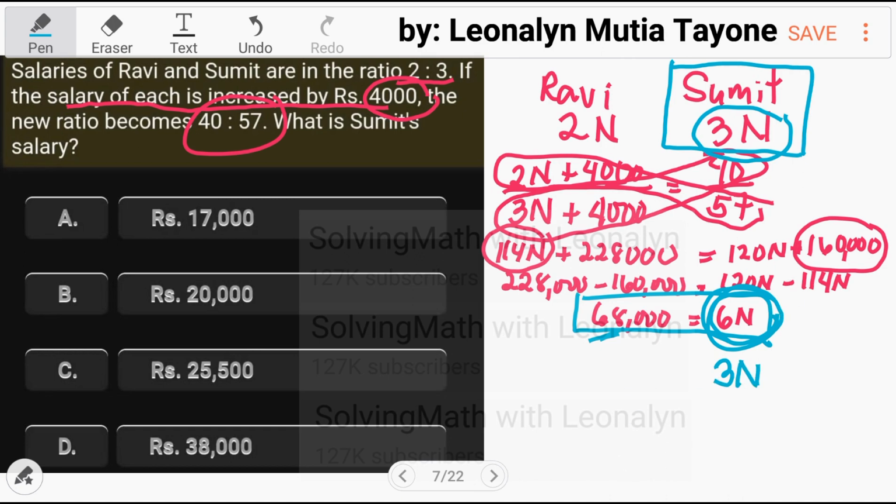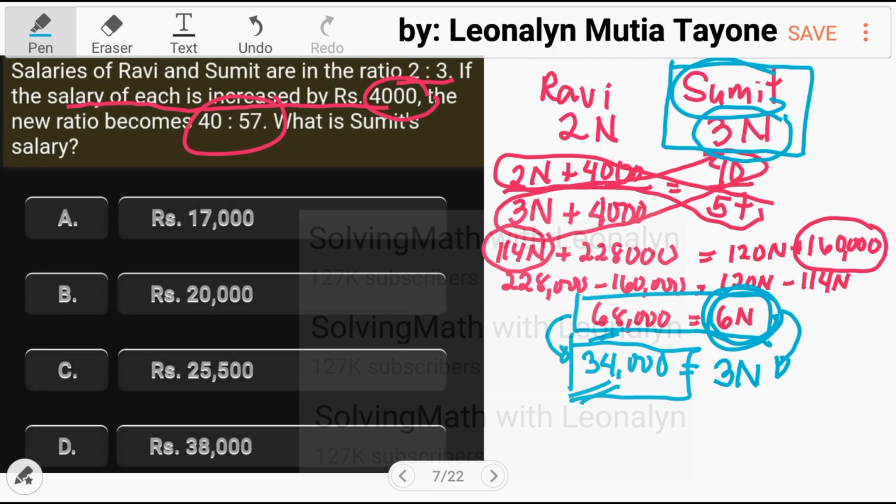So, kung half sa 6n ay 3n, i-half din natin itong si 68, which is 34,000. So, for what na isolve pa natin yung value ni n kung i-multiply lang din natin yan ng 3 at ang sagot dyan ay 34,000. So ngayon, yan yung salary ni Sumit, 34,000.